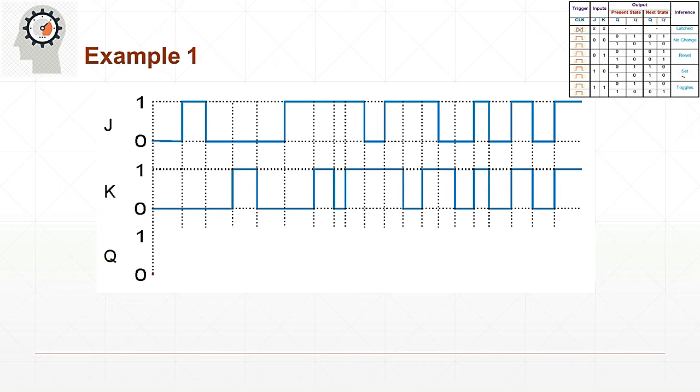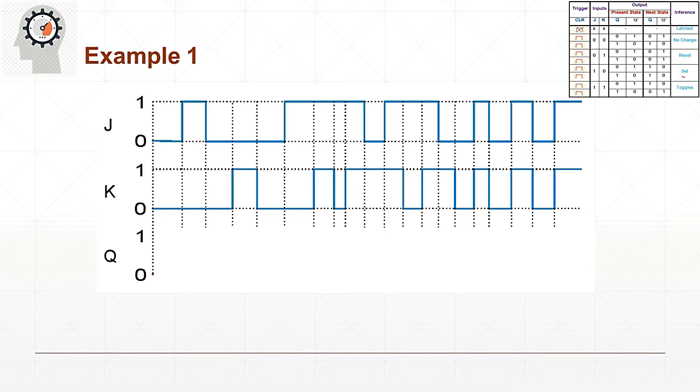If the inputs are both 0, the state is no change. If the input of J is 0 and K is 1, the state is reset, or start again at 0. If the input of J is 1 and K is 0, the state is set, or start with 1.